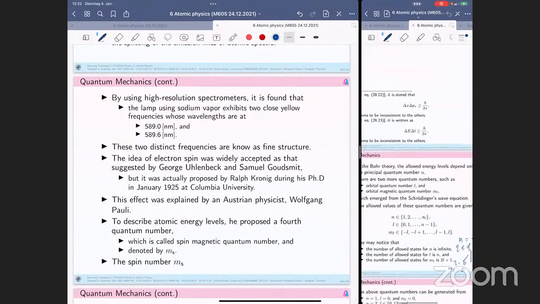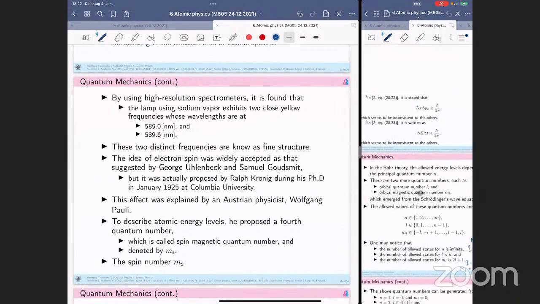The second one is called orbital quantum number, and it is denoted by the letter L. And the third one is the orbital magnetic quantum number, m with subscript L. And the last one is called spin.